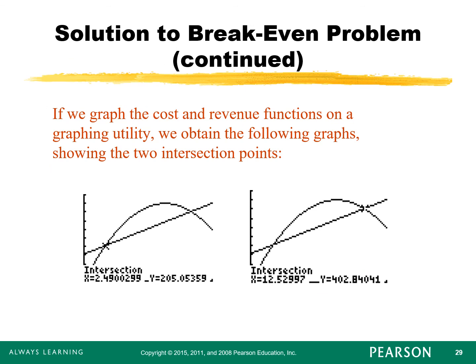And then we can also graph the cost and revenue functions, and using graphing utilities, we can obtain the 2 points, which are at the same time the break-even points.